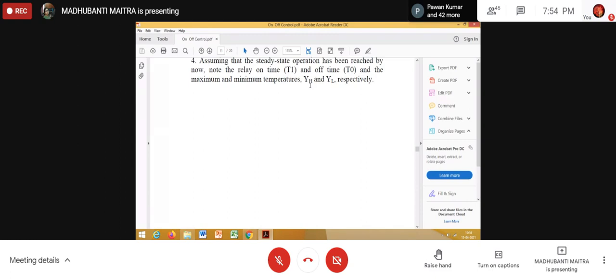So what will be the error? The reference input is R, and the error voltage is E equal to R minus C. R is 70 degree and C is 72 degree. So what is the error voltage? R minus C, minus 2 degree. I'm explaining in terms of temperature. And the low is 68 degree.